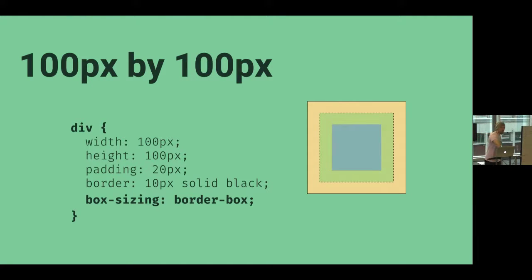So this box sizing, border box, is a property that we will want to apply if we want to take on this behavior, that we opt into this behavior. The default for this box sizing property is called content box. That's what you'd see by default, content box.